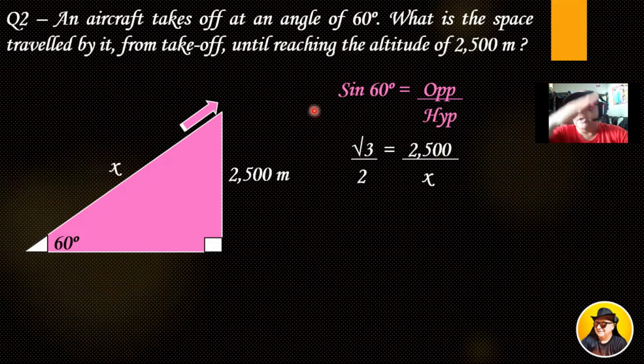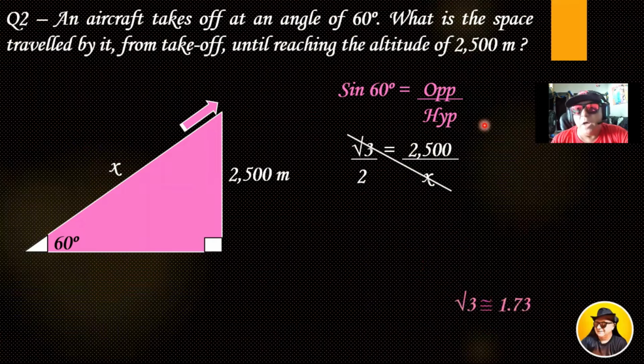So let's multiply crossing the values, like this. The square root of 3 times x and 2 times 2,500. The square root of 3 is about 1.73. It's something that you need to memorize as well, so you can multiply crossing.